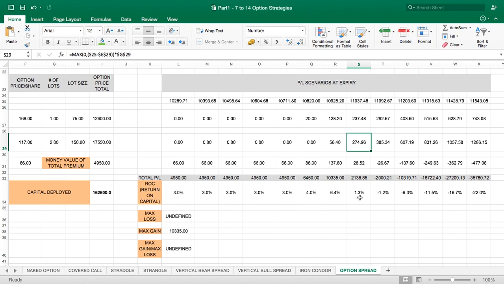I'm selling two call options, but at the same time, to dilute my risk, not to eliminate my risk, I'm supplementing the sale of two call options with the purchase of one in the money call option. So when the price starts going against me, it will dilute my downside.